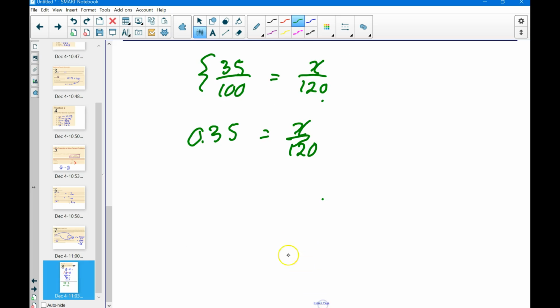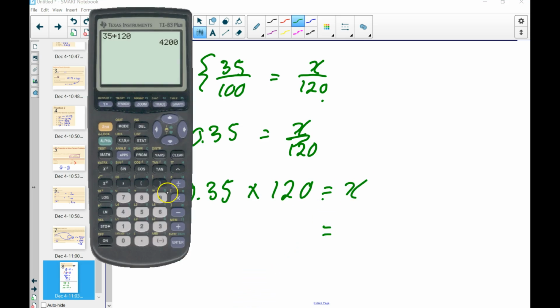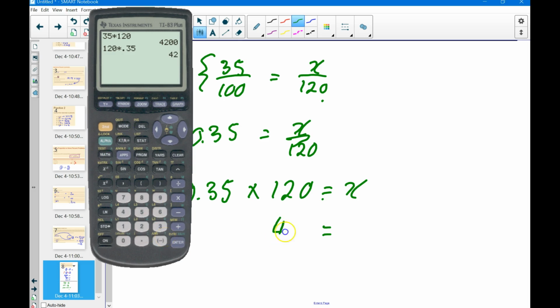And then it comes down here like this, where I can go 0.35 multiplied by 120 equals x. And you'll see, if I put it in my calculator, 120 multiplied by 0.35, you get 42. Same answer, and that's why it works.